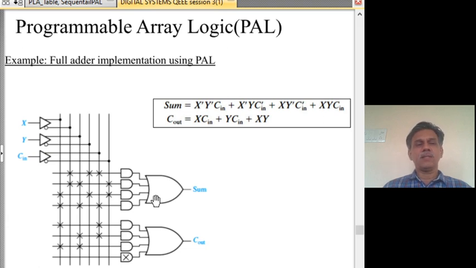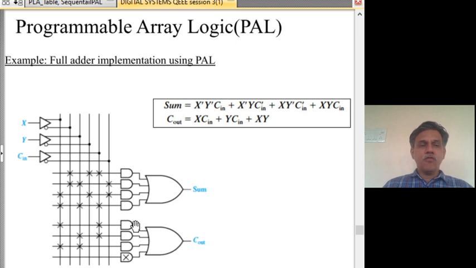What we mean by that is, we assume that each function will be a sum of a certain number of terms. So that many product terms will always be ORed to generate this function. For example, here we put a restriction that the functions are always an OR of up to 4 terms. So assuming that 4 terms are available here, they are permanently being ORed to generate the function.